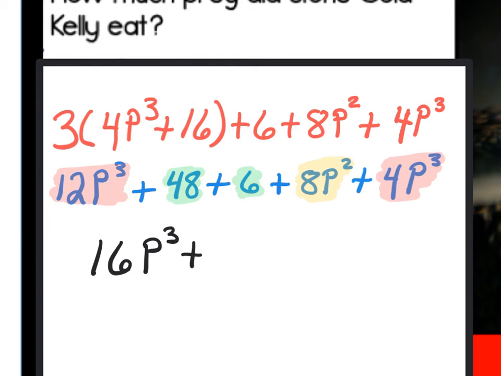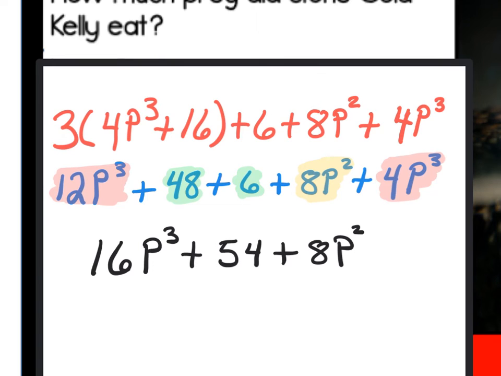Then I'm going to write the next one, which is simply the 8p. Right there you have it, 16p to the 3rd power plus 54 plus 8p. Oops, I forgot the 2nd power. That's really important, so make sure you write that there.